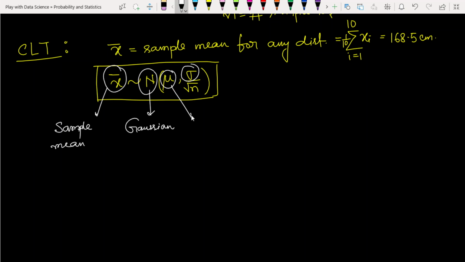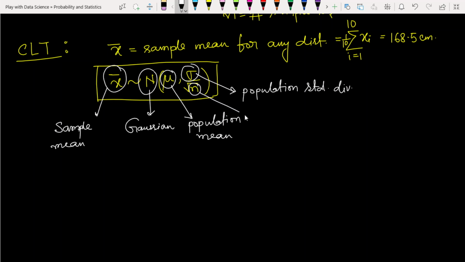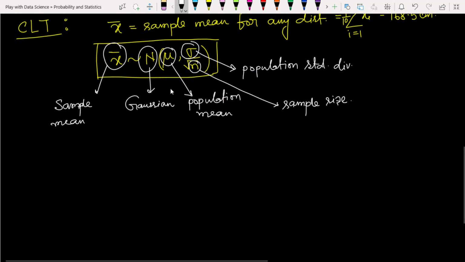This is the population mean, this is the population standard deviation, and this small n is actually the sample size. These are the sample size. That thing we have known.